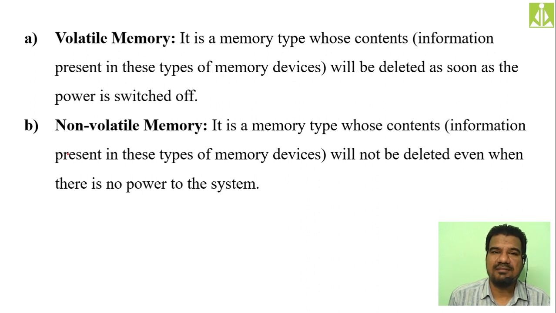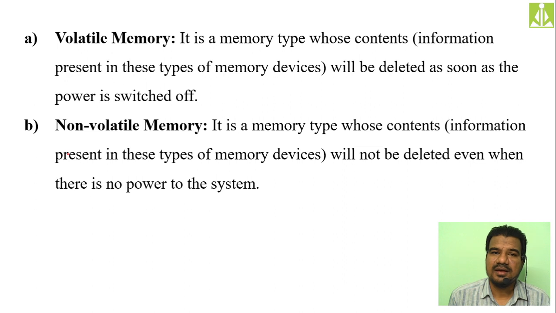Next is non-volatile memory. It is opposite to the volatile memory type. Here the data will remain permanent. Permanent means even if the power goes down to these types of memory devices, the data will remain unchanged. The data will remain intact. Remember this one. There will be no loss to the data.